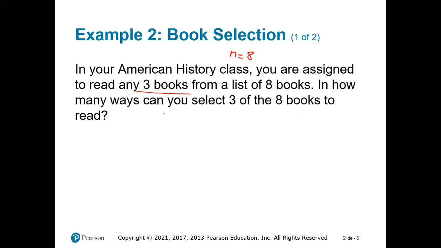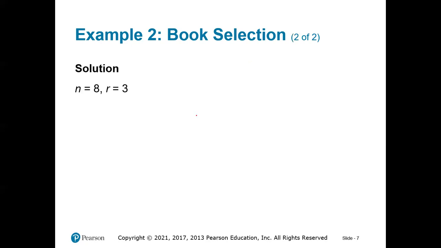Well, in this exercise, there is nothing that suggests that I need to pick this book first and then that book and so forth. So this is a combination problem. Like I said, N is 8 and R is 3, so it's going to be 8C3.